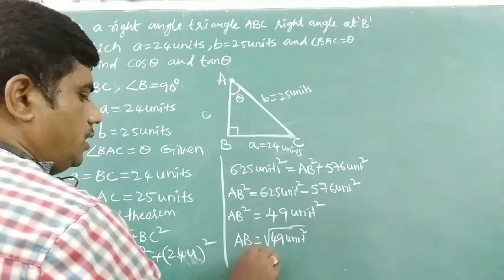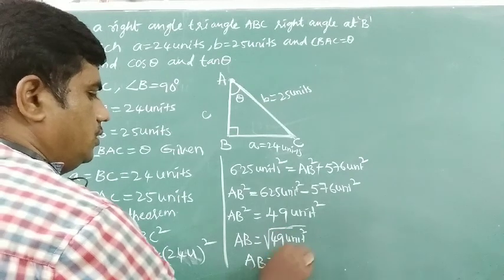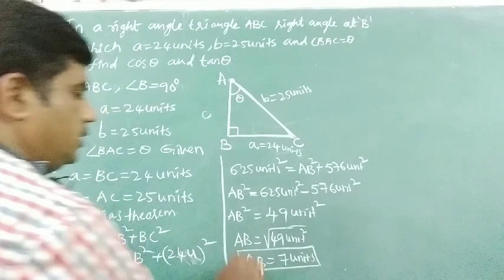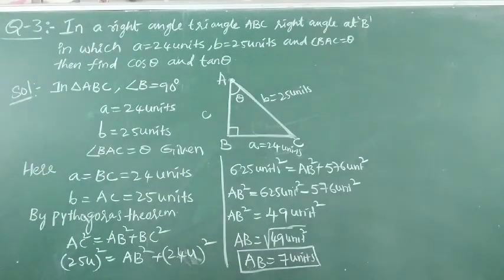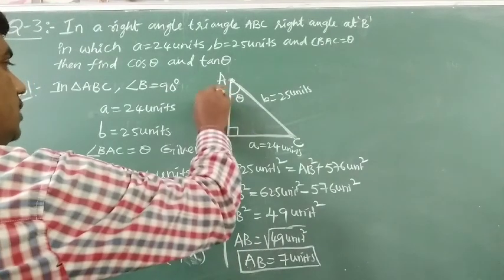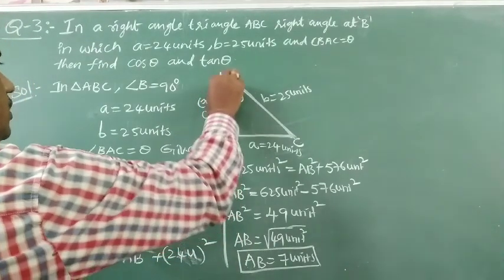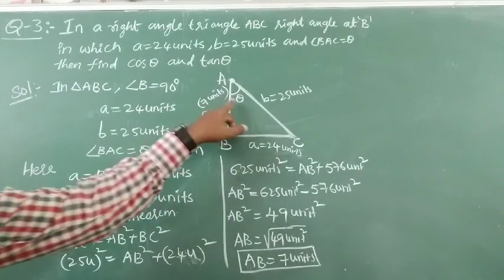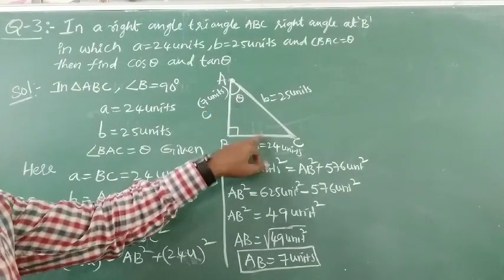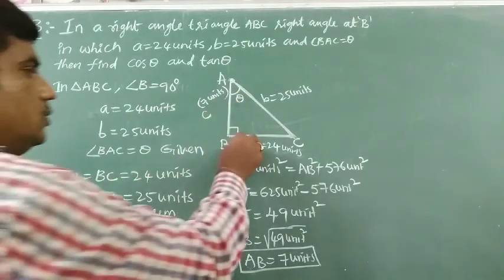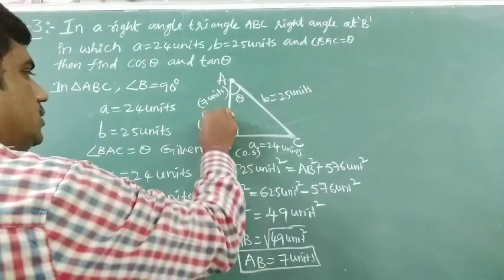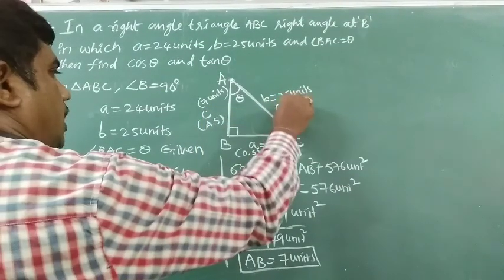The square root of 49 is 7, so AB length is 7 units, or small c value is 7 units. Now we take this one as angle theta. This side is opposite to this angle, so BC, or small a, becomes the opposite side. This is the adjacent side, and this one is the hypotenuse.